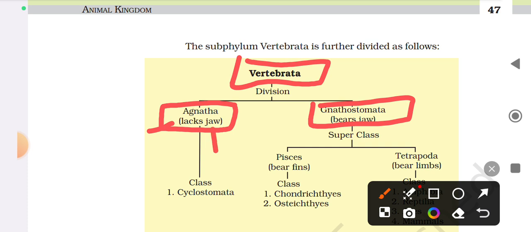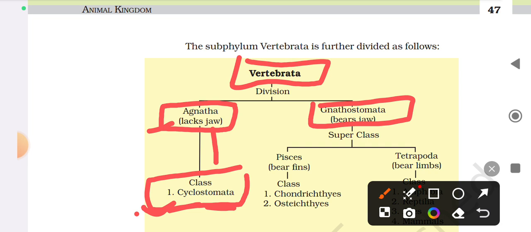Only one class under agnatha, and what is this? Cyclostomata. Cyclo, that means circular. Stomata, that means opening. Circular opening. They have mouth in the form of circular opening in which suckers are present.